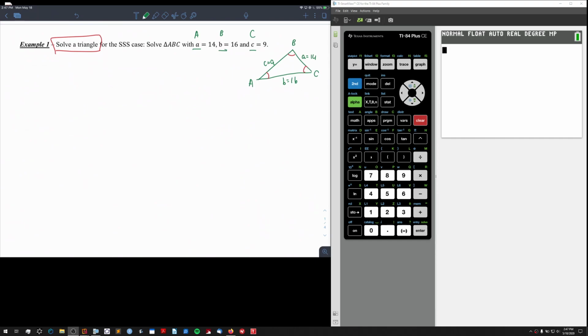Which one you use doesn't really matter. I like going alphabetically, so I'm going to try and find angle A first. So then you use the formula that has angle A in it, which is the first one. So it's A squared equals B squared plus C squared minus 2BC cosine A.